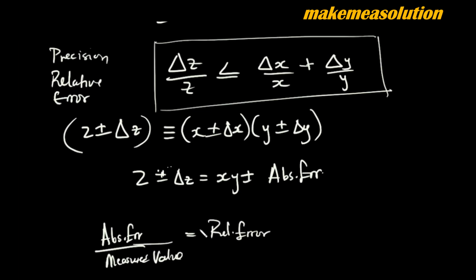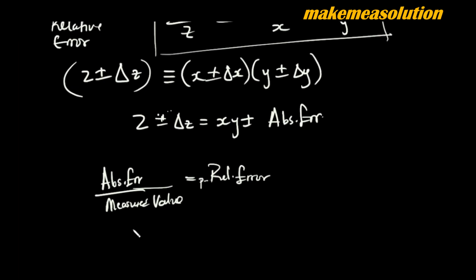In this case, I have my precision relative error. So when you divide absolute error by the measured value, you get your precision relative error. In other words, your absolute error is still the same thing as the precision relative error multiplied by the measured value. Is that okay?